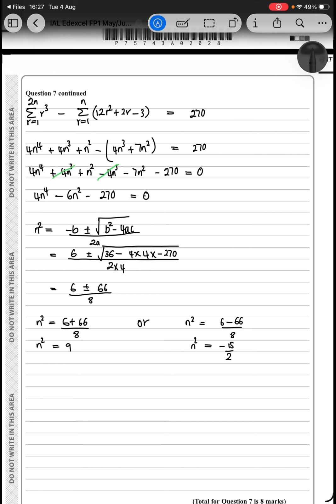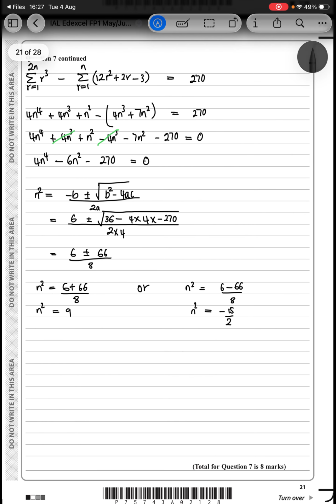So we can bring 9 to the other side, so this becomes n squared minus 9 equals 0. This we can say 2n squared equals minus 15, and minus 15 goes to the other side to become plus 15. So 2n squared plus 15 is equal to 0.